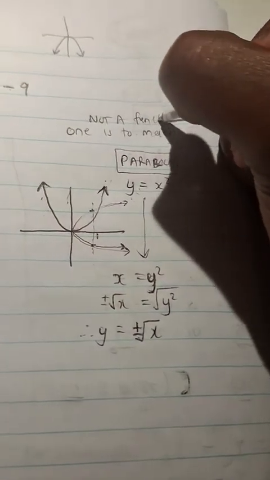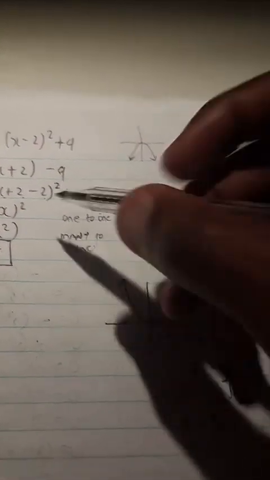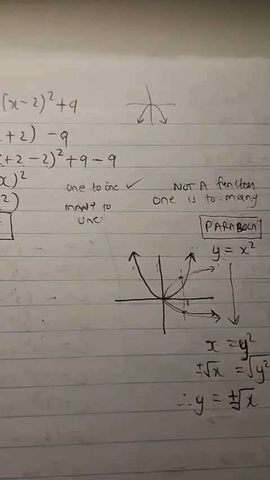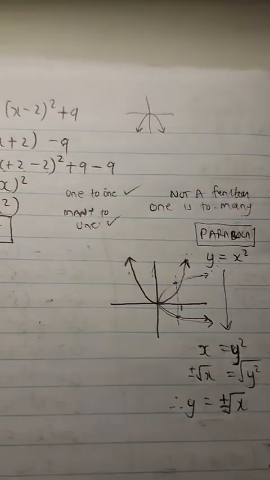Okay, the only thing that we regard as a function is when a function we say is either 1 to 1 or we say many to 1. That's a function. When a function is 1 to 1, we say it's a function. Okay, and then if it's many to 1, we also say it's a function.